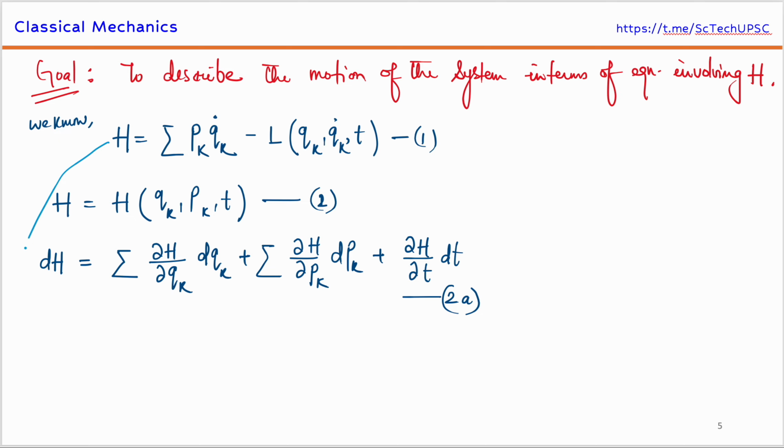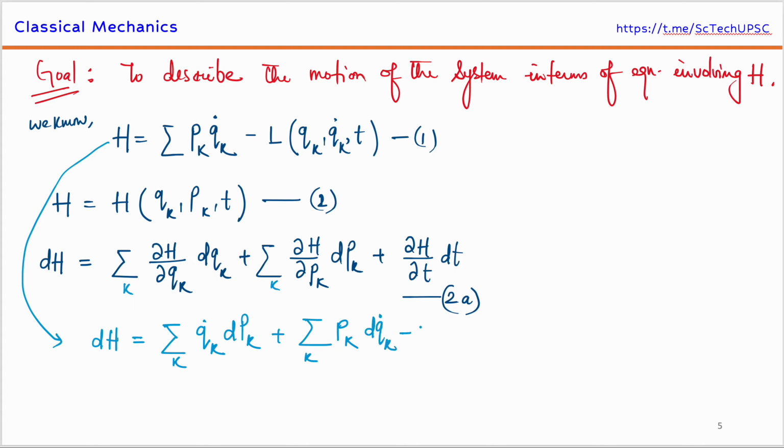And this equation 1 also we can write as dH equal to qk dot dpk plus pk d qk dot minus dL.